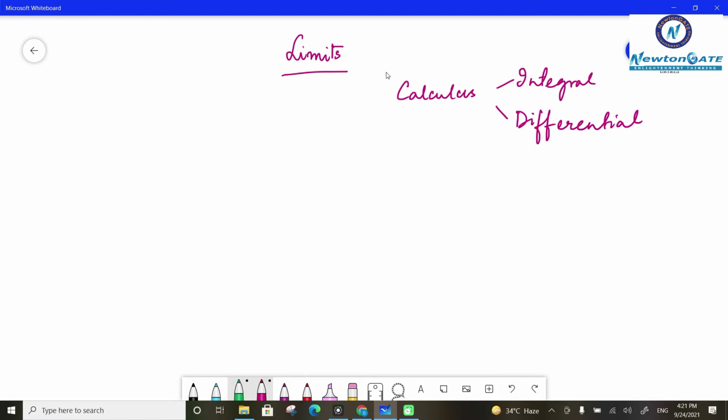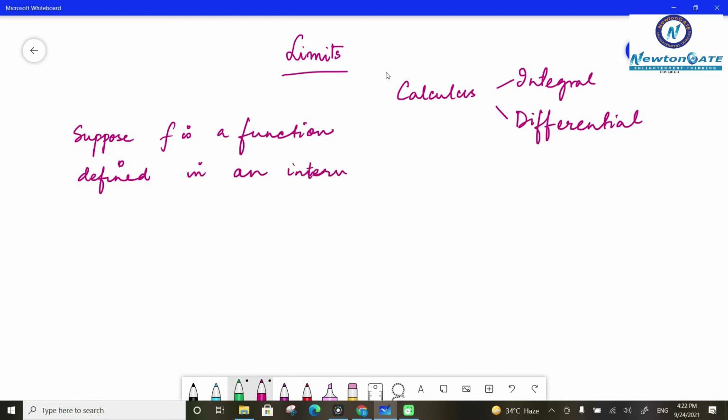Before going further into details, first of all, let us have an intuitive idea about what exactly a limit is. For that, let us suppose f is a function that is defined in an interval containing a point x equal to a.